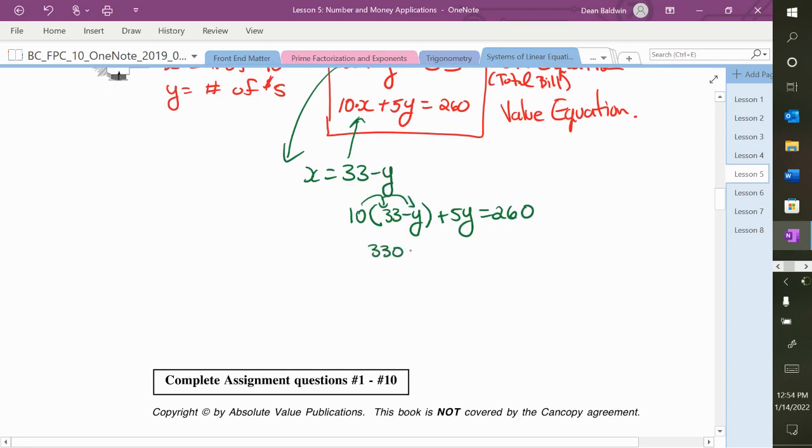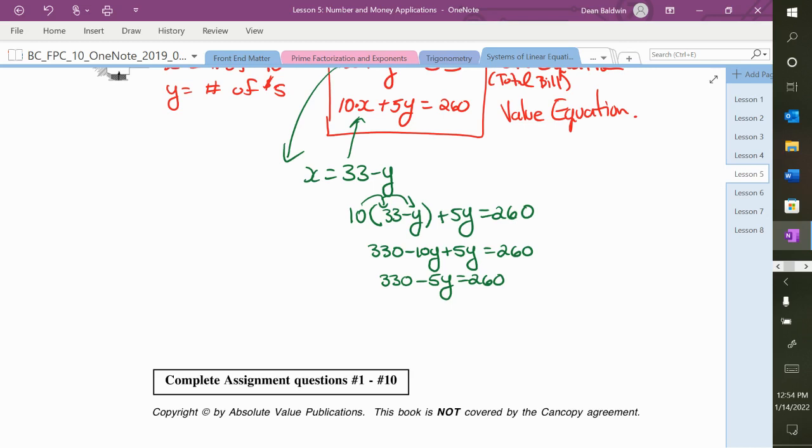Multiply the 10 in: 330 minus 10y plus 5y equals 260. So then I'm going to move the 5y over, move the 260 over. So I get 70 is equal to 5y.